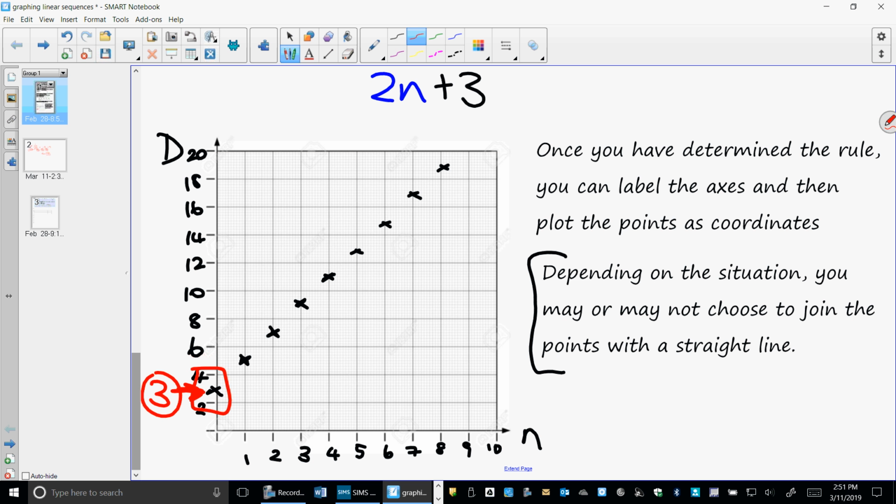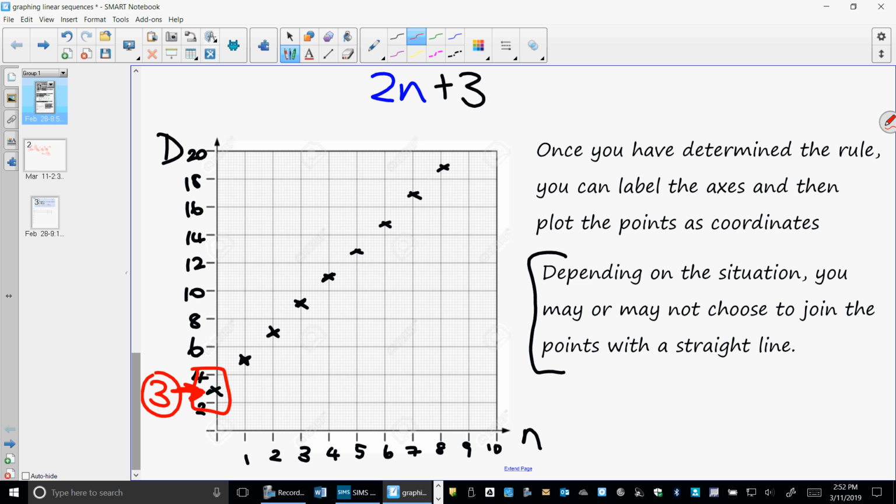Now you would have started at 1, 5, yes? So that's fine, but in the same way that we kept going up in 2s, we could have gone back down in 2s as well, okay? So if we had placed our ruler, in fact, place your ruler along there.